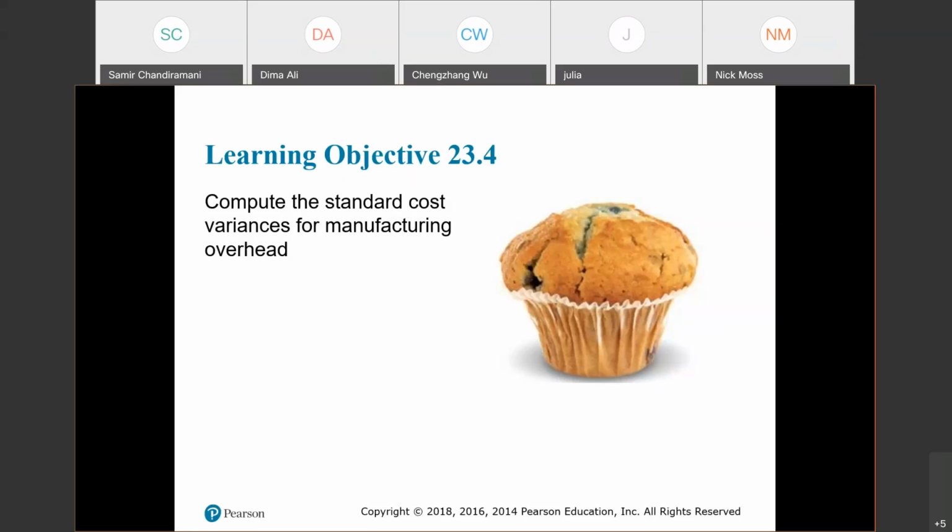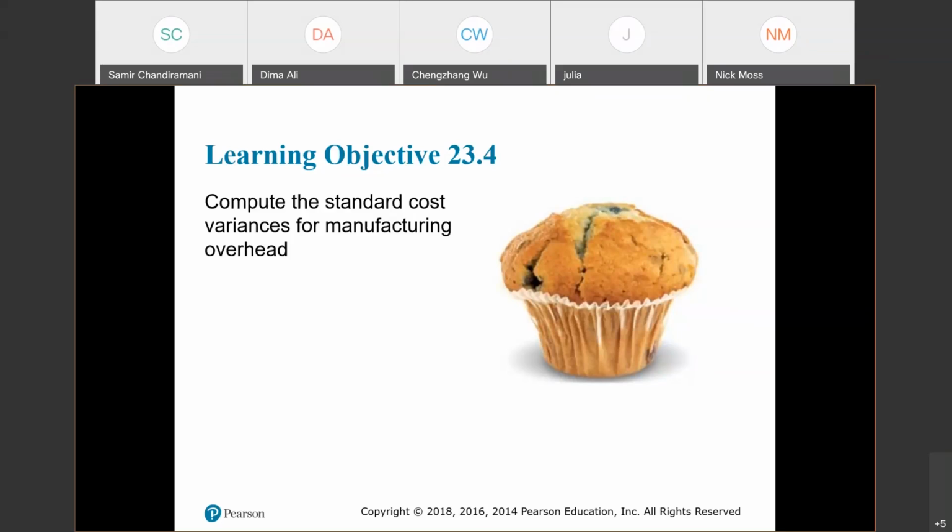In the last class, we primarily analyzed the cost variance in direct material and direct labor. We know that the cost variance can be split into two parts: cost variance and efficiency variance, either favorable or unfavorable.